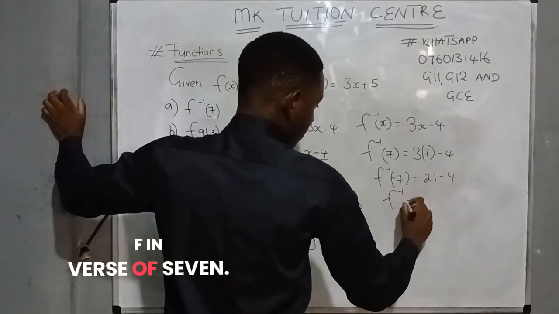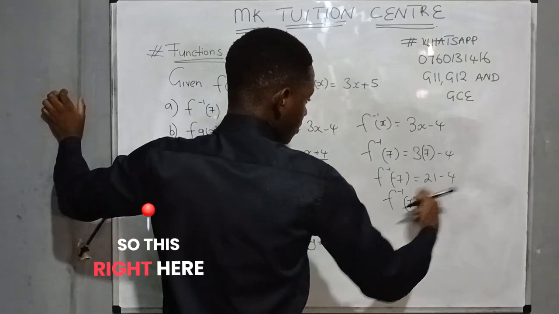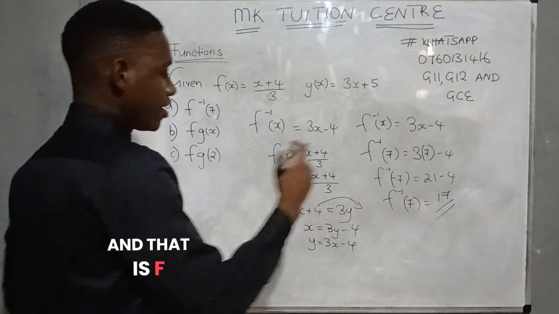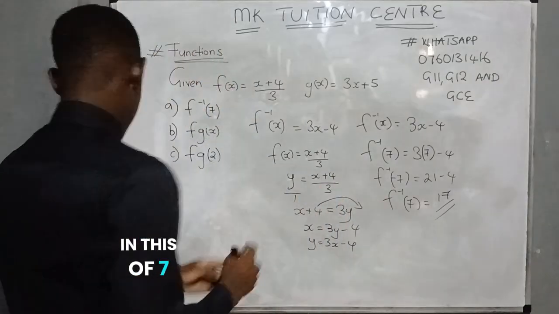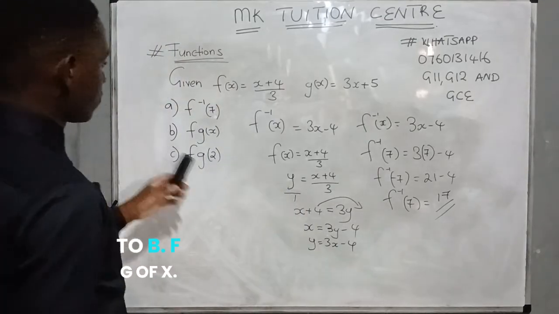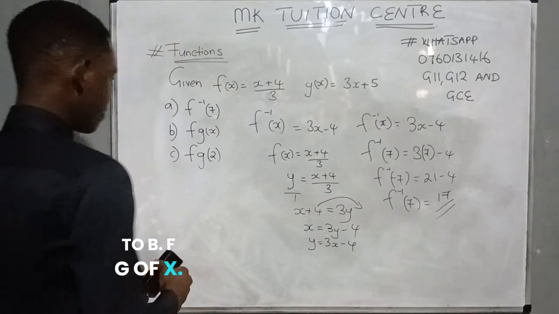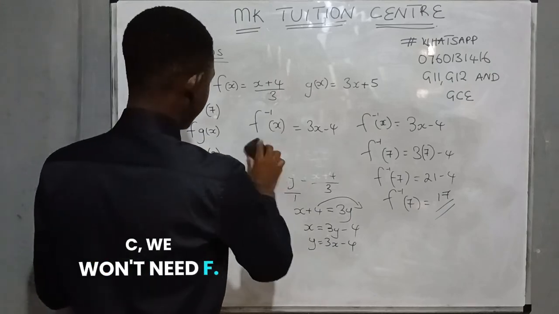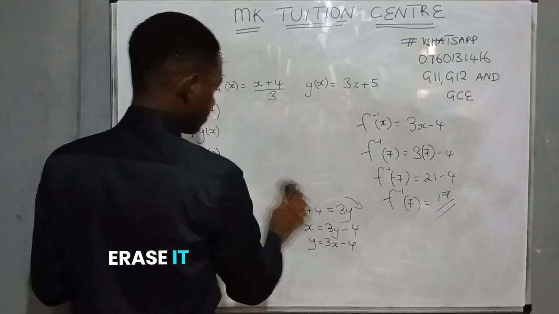So this right here will give us 17. And that is f inverse of 7 right there. So now let's go to B, fg of x. For B and C, we won't need f inverse, so I can erase it.